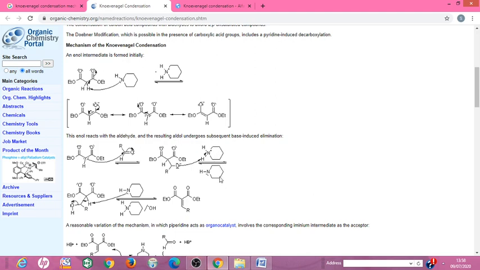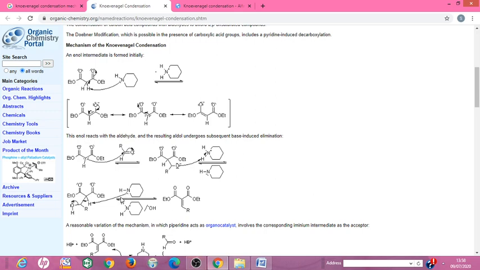It removes the proton, while the base piperidine, the catalyst in this reaction, remains as it is, and O minus converts into OH.